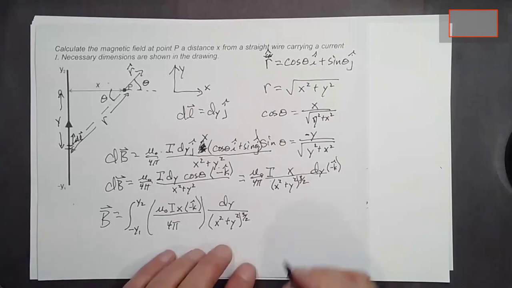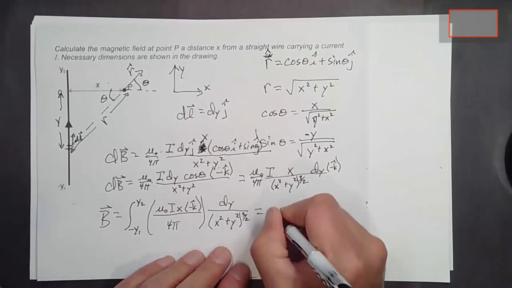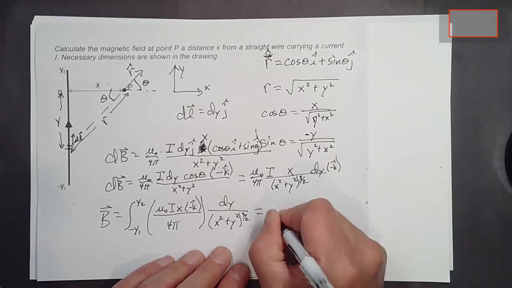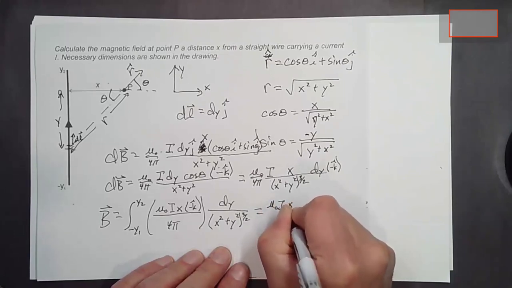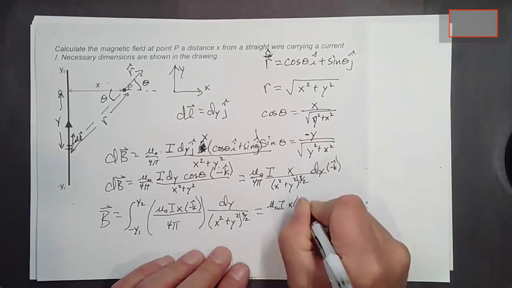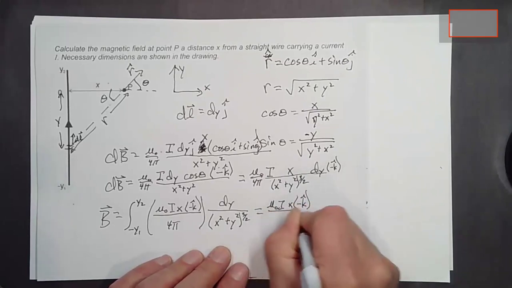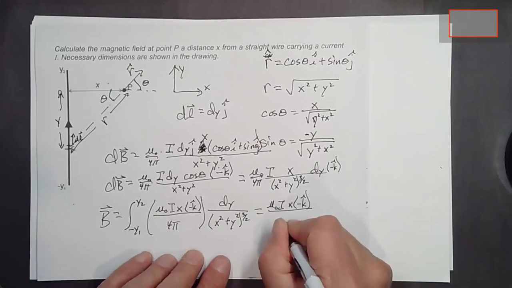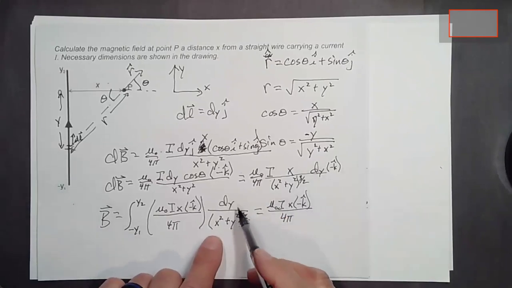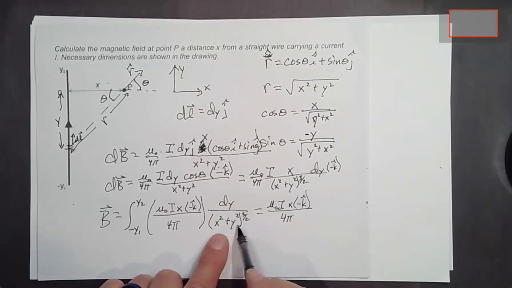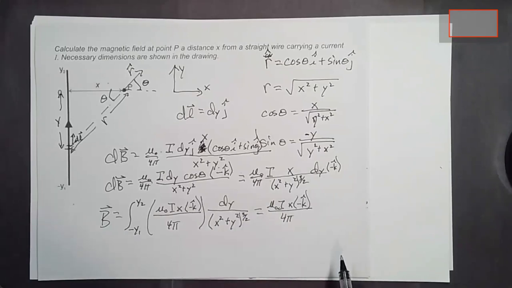Okay, so this shouldn't be too bad an integral. Then we'll save that minus k hat at the tail end. Over 4 pi. And then I'm just integrating this dy over x squared plus y squared to the 3 halves.